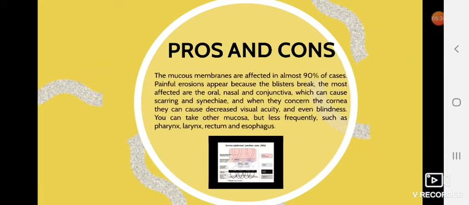The mucous membranes are affected in almost 90% of cases. Ocular involvement appears with the conjunctiva most affected, and can cause scarring and symblepharon. With involvement of the cornea, it can cause decreased visual acuity, even blindness.